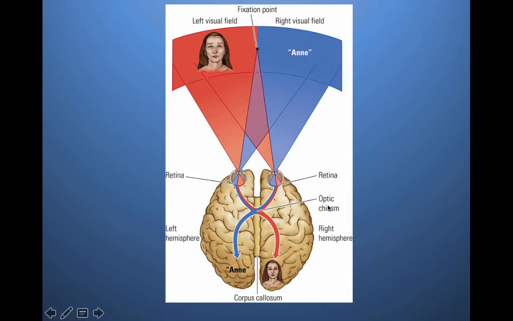And here, this is all shown. We have the right visual field, which is actually processed here on the left, and you have the left visual field that's processed on the right. So what we found from these early experiments is that, again, there's this language advantage for the left side of the brain, and there is a spatial, facial advantage for the right side of the brain.